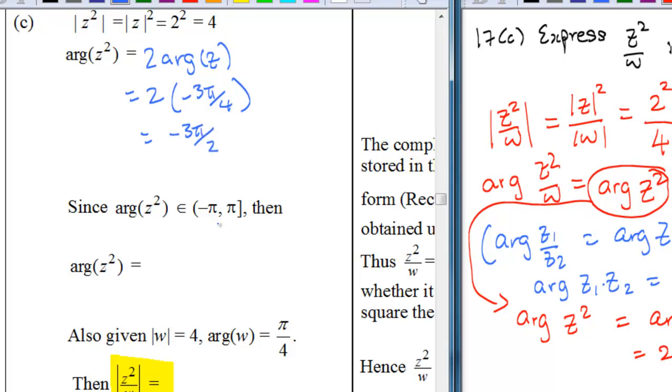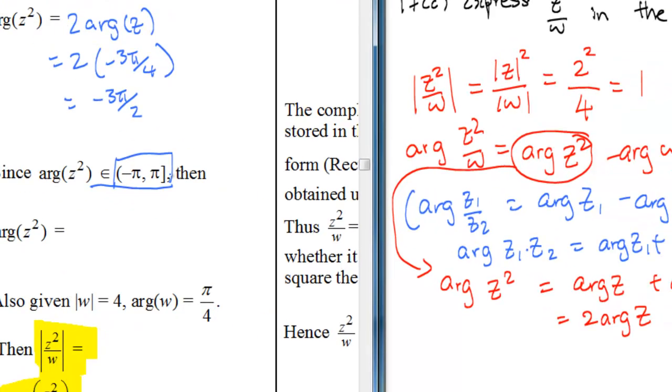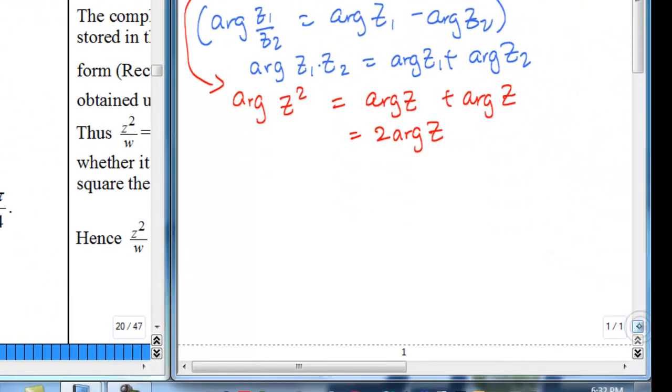But keep in mind that for argument, we always code it within the principal argument range of between negative pi and pi. So for the argument of z squared, we will have to adjust until it's within this range. So how do we adjust?